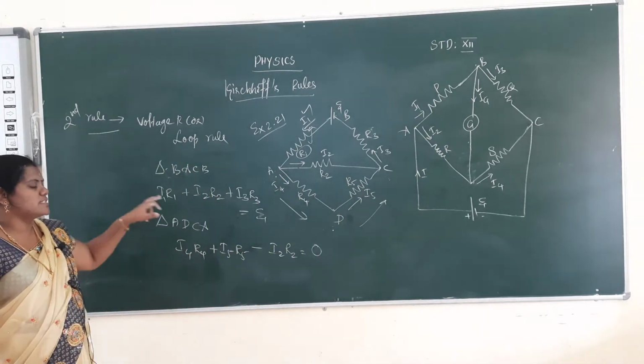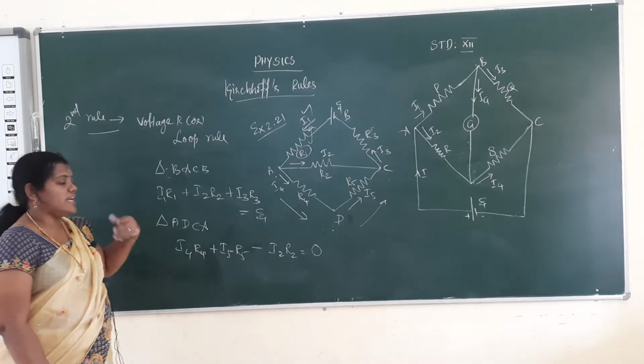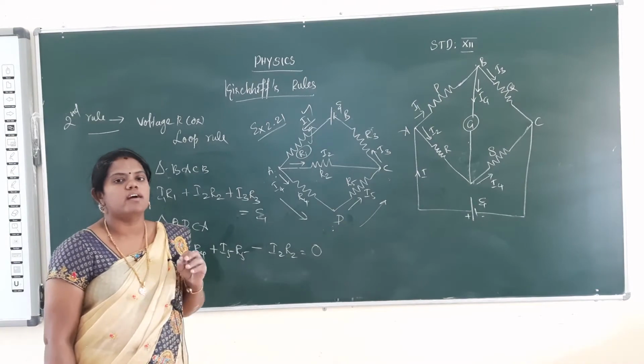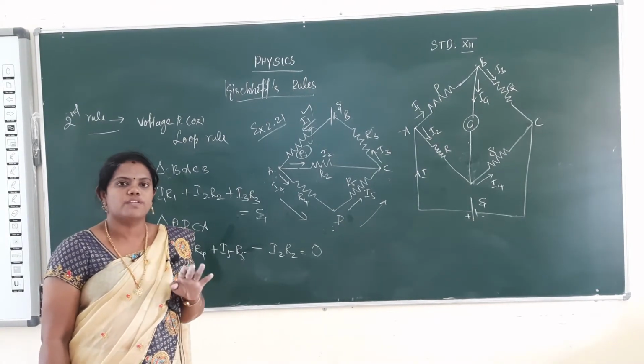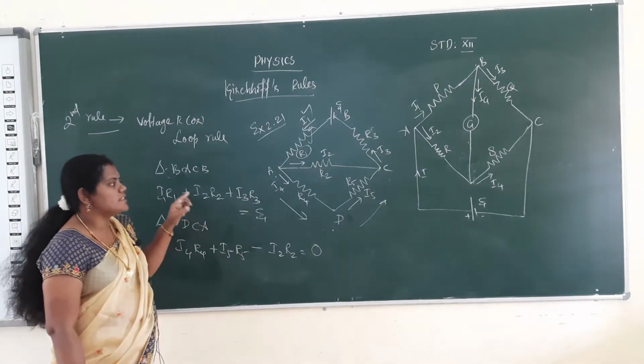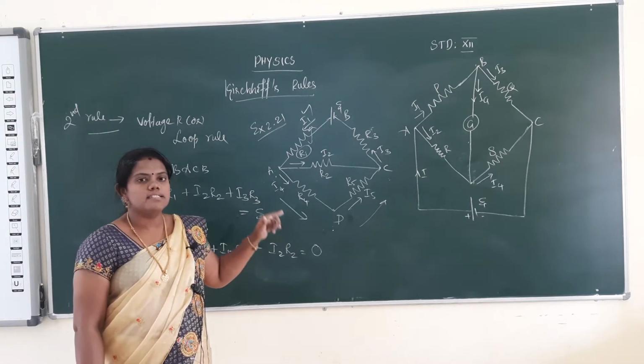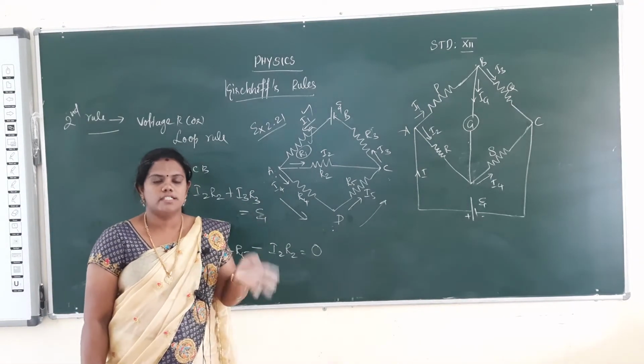Okay, this is Kirchhoff's second rule. I explained that Kirchhoff's second rule is nothing but the algebraic sum of the products of current and resistance being equal to the EMF of the cell. Currents moving in the same direction are taken as positive.